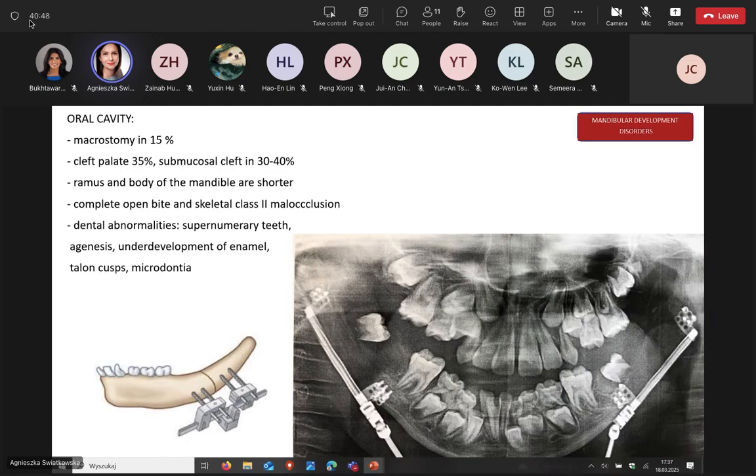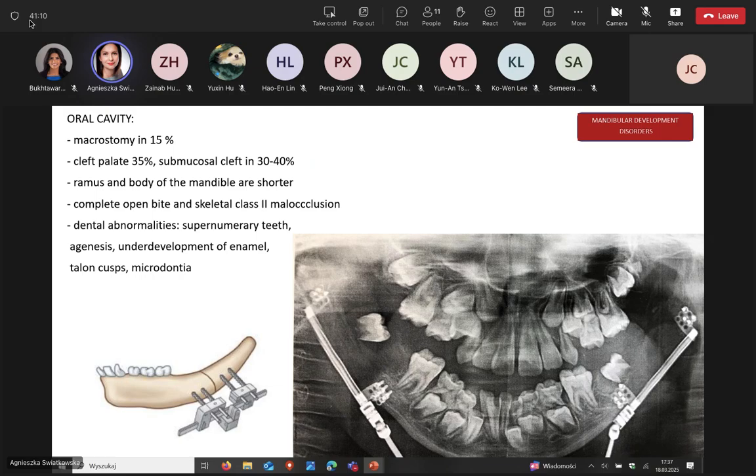Oral cavity, macrostomia. In 15% cleft palate or submucosal clefts. Ramus and body of the mandible are shorter, and you can see it when you look at the patient that the formation of this bone is incorrect. Complete open bite and skeletal class 2 malocclusion.